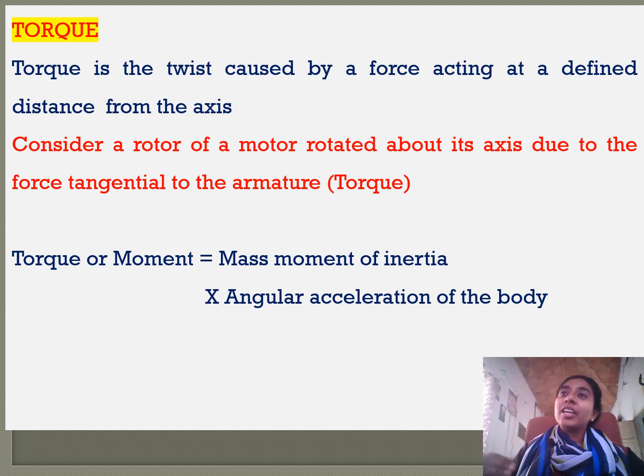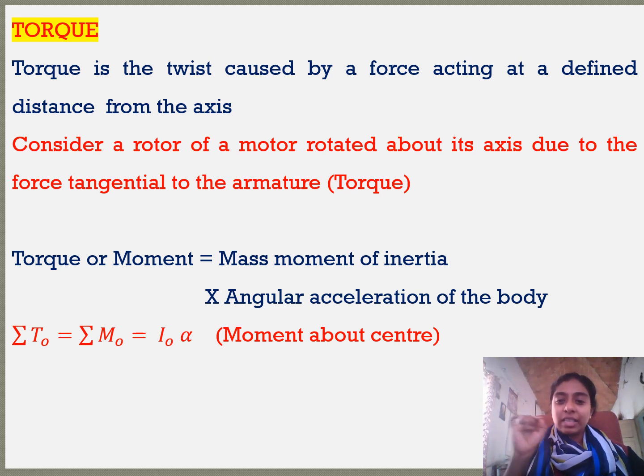So for linear motion, force is equal to mass into acceleration. For rotational motion, torque or moment is equal to mass moment of inertia into angular acceleration of the body. So the summation of torque, T or M, is equal to I, the mass moment of inertia, times alpha, the angular acceleration.